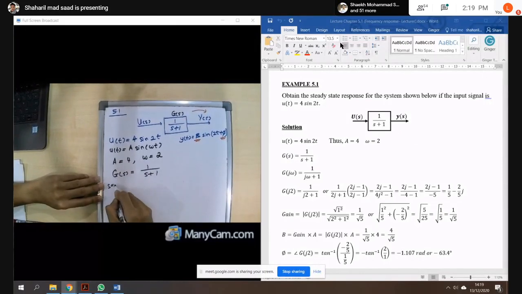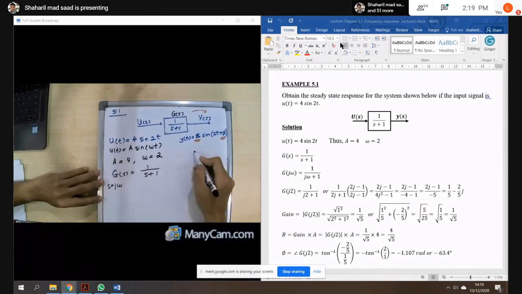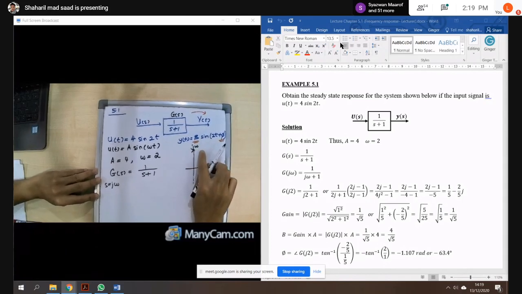For frequency analysis, we plot it on the imaginary axis, j omega. The imaginary axis acts as your frequency.